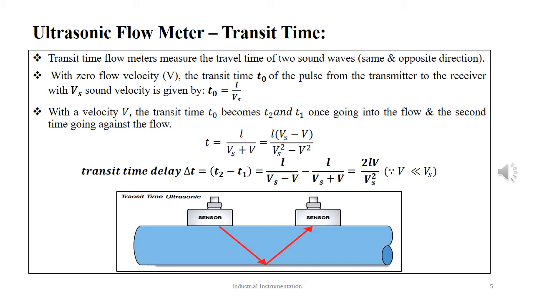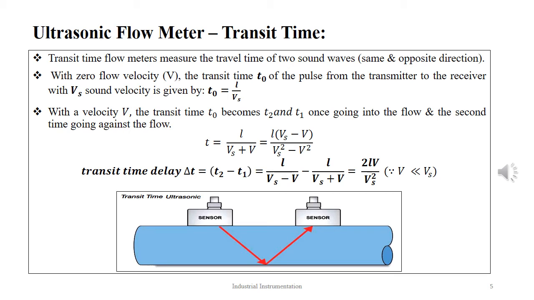Transit time flow meters require the fluid to be free from suspended solids or gas bubbles and in a closed and full piping system. With zero flow velocity V, the transit time T0 of the pulse from the transmitter to the receiver, with Vs the sound velocity, is given by T0 = L / Vs. But with the velocity V, the transit time becomes t = L / (Vs + V) = L(Vs - V) / (Vs² - V²).